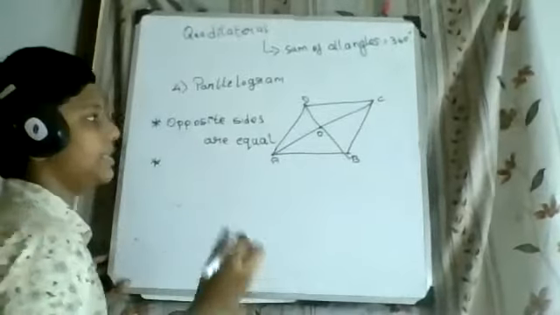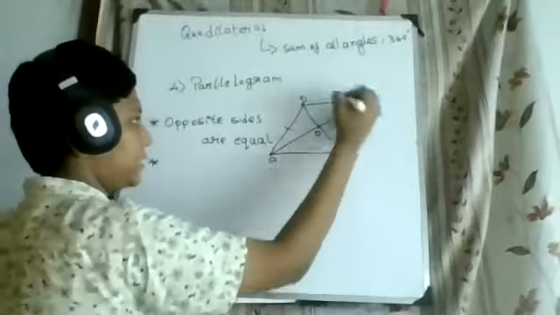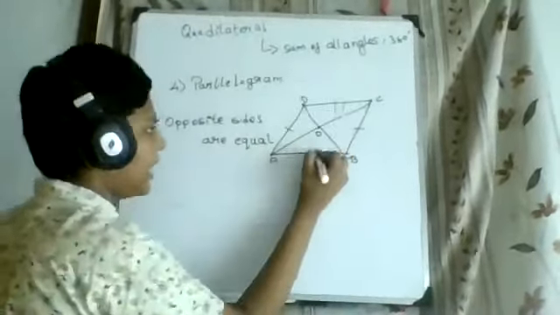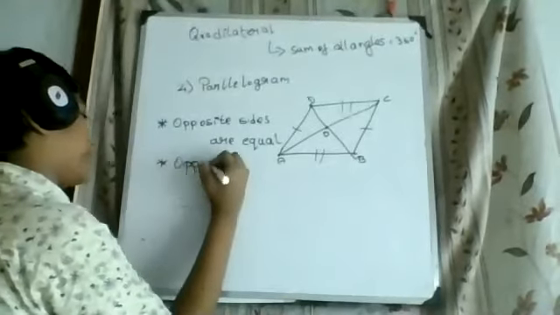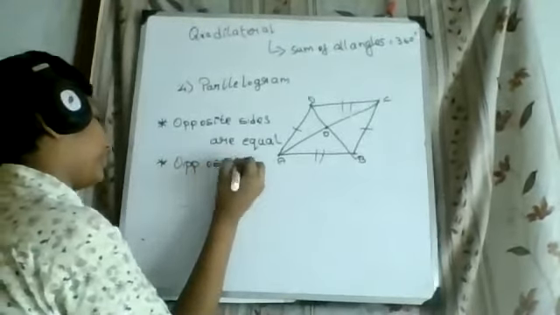These two sides and these two sides are equal. And in angles, let us take angles. Opposite angles are equal. And diagonals bisect each other.